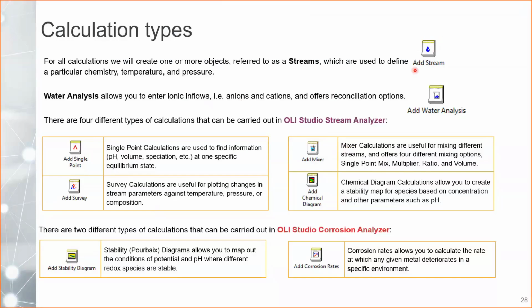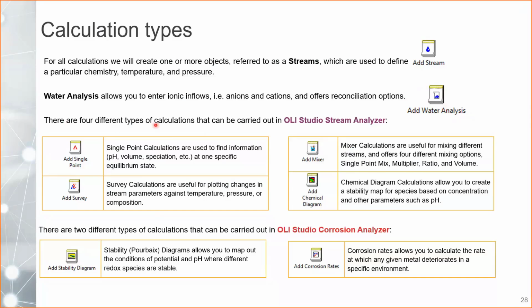We add a stream, we enter a flow in a molecular way, and then we have the other option, which is the water analysis. And here we enter a chemistry using the ionic composition. You have the composition, a water analysis that has cations and anions, and then we use it to recreate a corrosive or a stream environment.